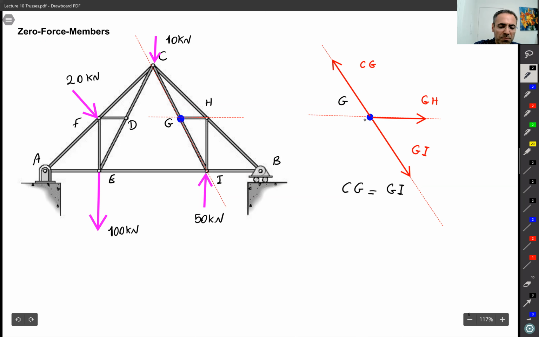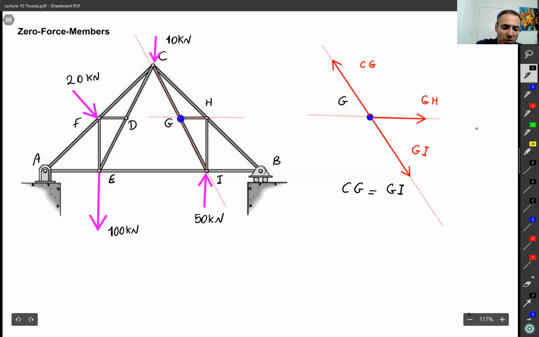Otherwise, this pin starts walking up or down, right? But there is nothing for GH to be canceled by. But we know we are in static equilibrium. And if GH has a force, if it has a number, let's say even a small force, 1 Newton, then this point G starts walking to the right, right? And this is not static equilibrium. This is not something that we want.